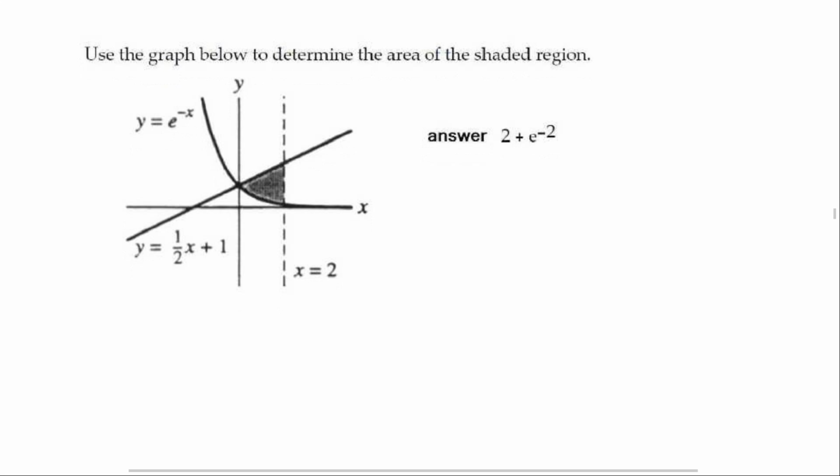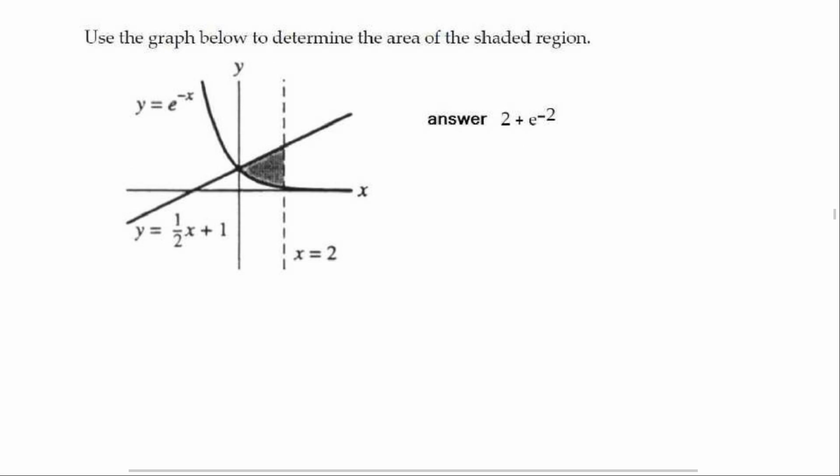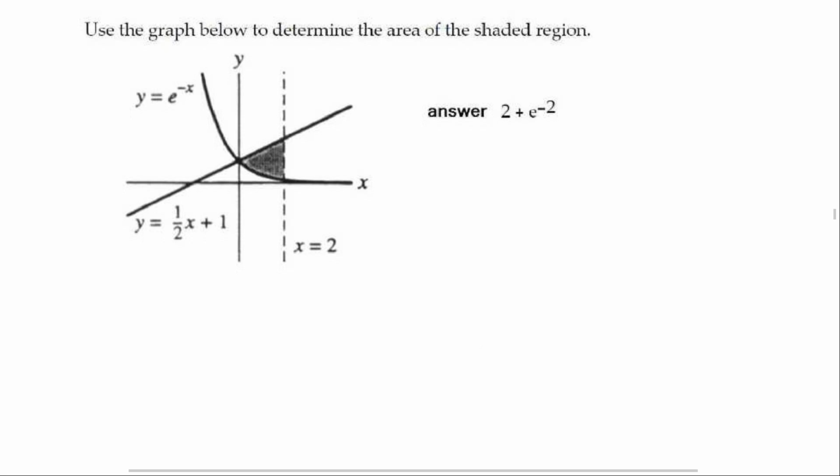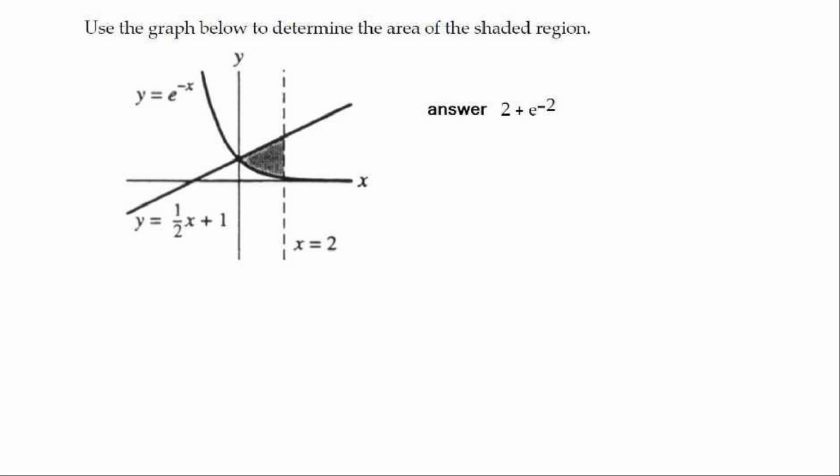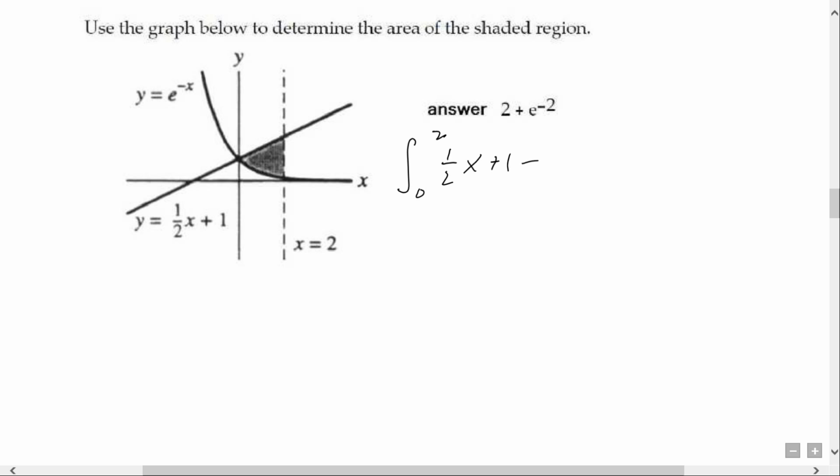Now, look at this function and pause the video and see if you can calculate this area between the two curves. As you can see, we want to calculate the integral from 0 to 2 of the upper function, which is 1/2 x plus 1, minus the lower function, which is e to the minus x.